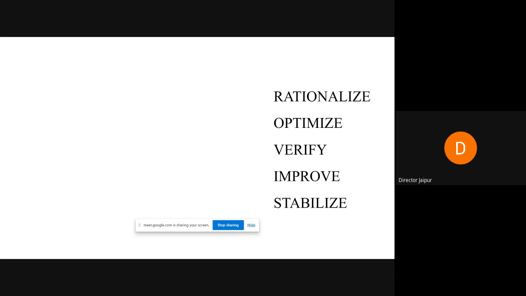Me and my student developed this around 2007 or 2008, when I was doing some study on ISO. We developed this rationalizing, optimizing, verifying, improving, and stabilizing of the solutions.